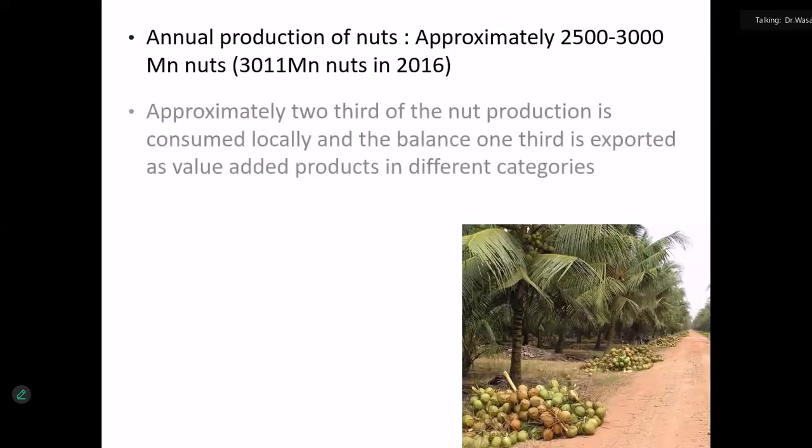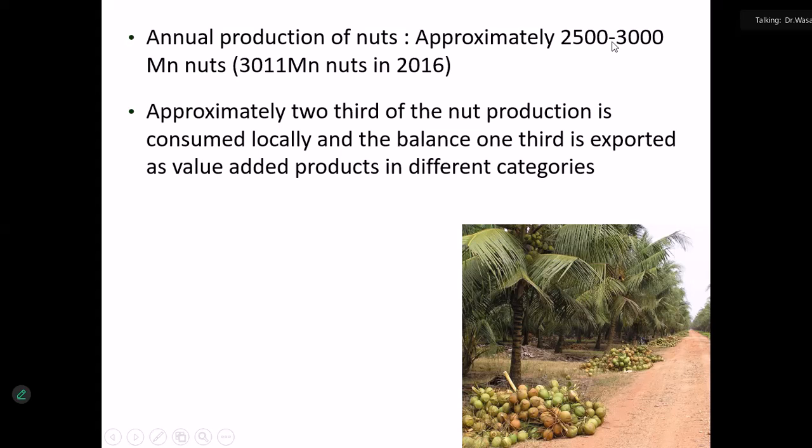Now please read this sentence one by one. What I mentioned earlier, our national production is between 2,500 and 3,000. There I mentioned that 2/3 of the production is consumed locally. The reason I have given here, please take it down.